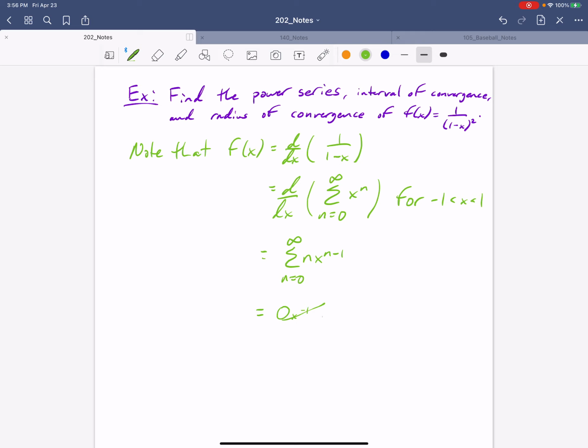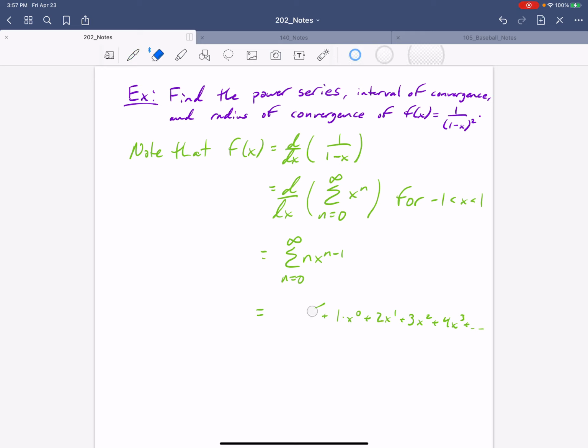And then we're going to get 1 times x to the 0 plus 2x to the 1 plus 3x to the 2 plus 4x to the 3, etc., right? So that's what we're going to wind up getting. Let me clean that up a little bit. There we go. A little bit nicer, okay?